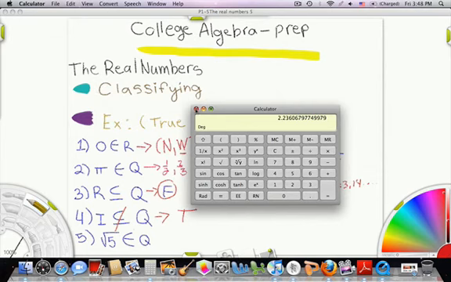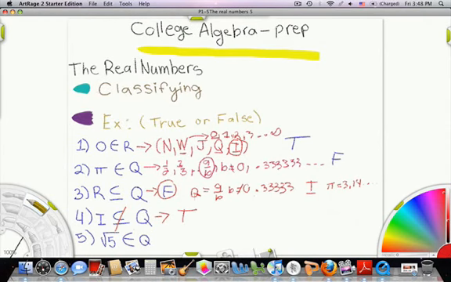I know it doesn't look like it goes on forever, but you have to remember that calculators can only display so many digits because they don't have an infinite amount of space to display digits. And so we know square root of 5 goes on forever, non-repeating. What does that remind you of? That reminds me of irrational numbers.